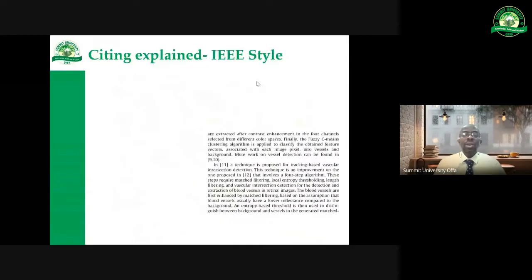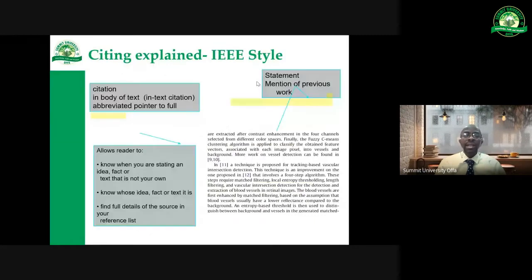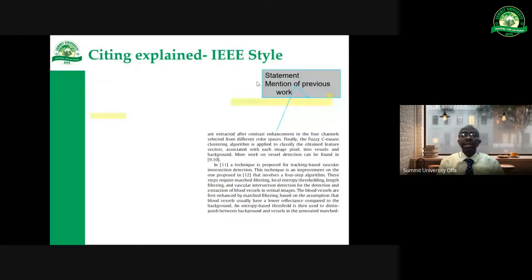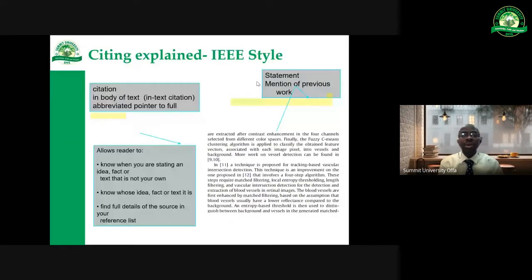Before going further, let's just look at this IEEE example and how you have to do it. Number one, I have said it is an in-text citation, and you use a square bracket with an Arabic numeral in that square bracket, because that allows readers to know when you are stating an idea, fact, or text that is not your own.